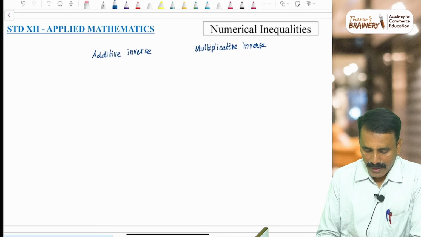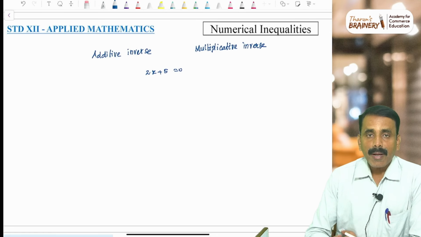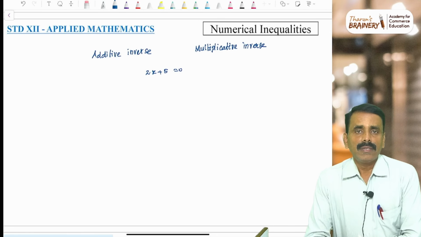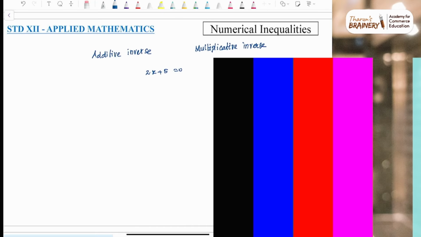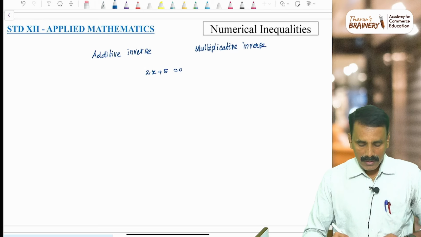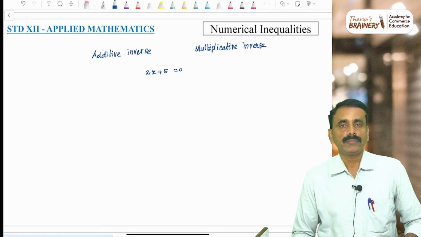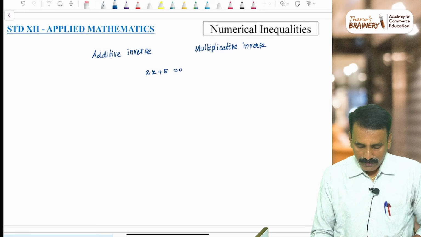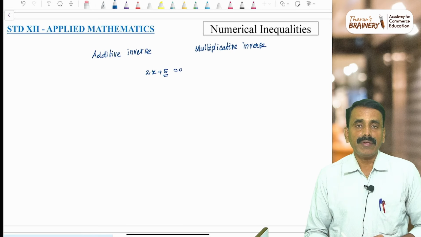Suppose I have an equation 2x plus 5 equal to 0. What is my prime aim? To find the value for x which will satisfy this equation 2x plus 5 equal to 0. So how will we solve? We first have to remove this 5.